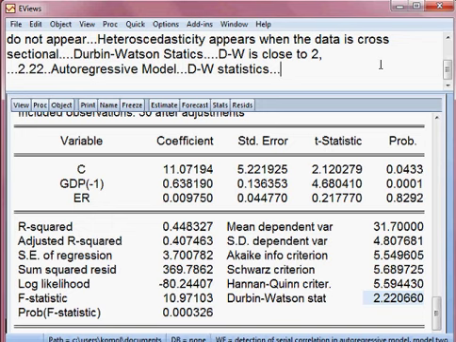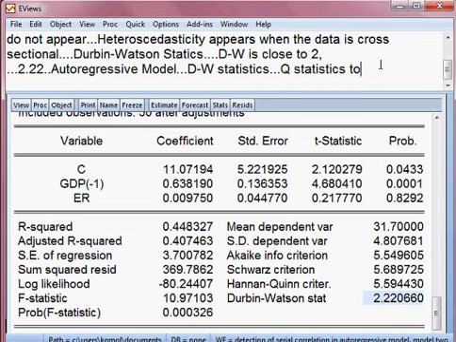So for this auto-regressive model, we should use the Q statistics to check whether there is serial correlation or not.